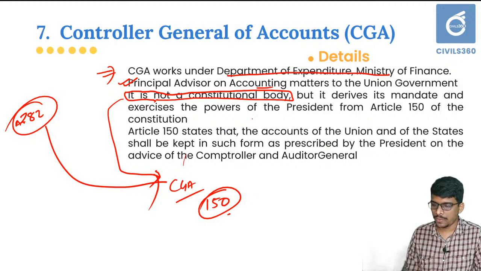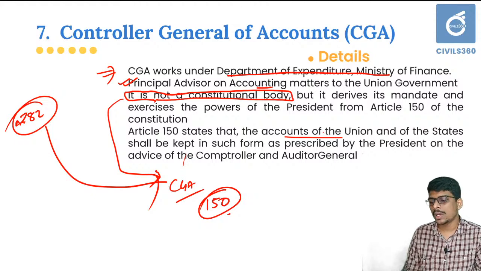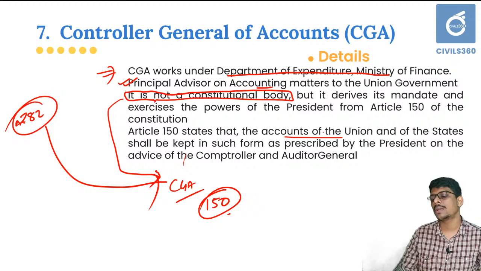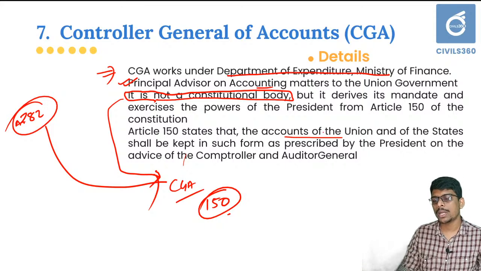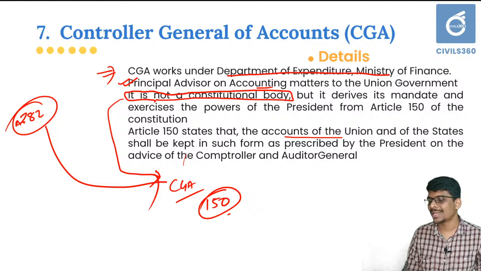And Article 150 states that the accounts of the Union and the states shall be kept in such a form as prescribed by the President on the advice of the Comptroller and Auditor General. That is Article 150. Just understand the basic article. There can be a question similar to Article 131. Article 150 is also important. That is CGA. The basic idea is CGA is not a constitutional body, but it derives its powers from Article 150. Okay.